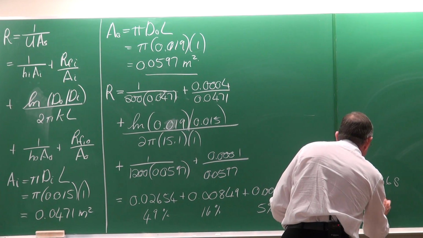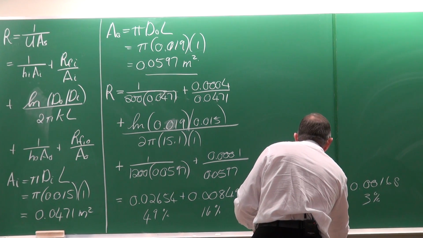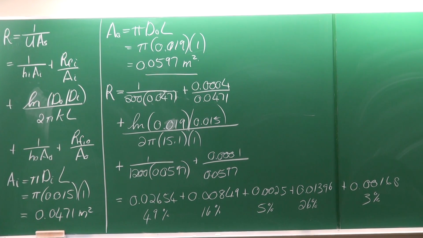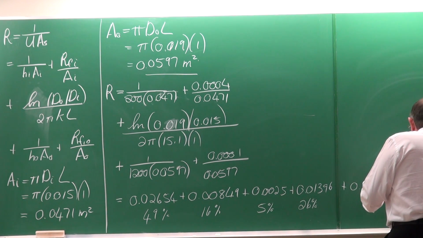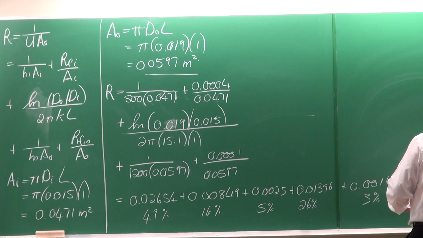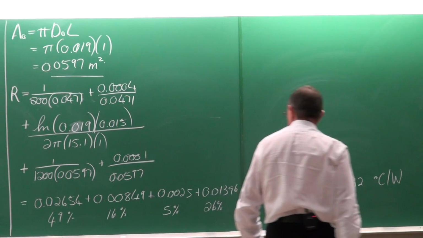This would be 3%, the other fouling, and then that would contribute to 26%. And this resistance would add up, if we get the total, to 0.0532, and the units would be degrees Celsius per watt.